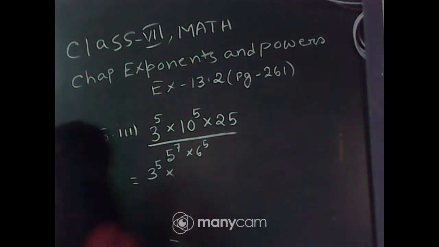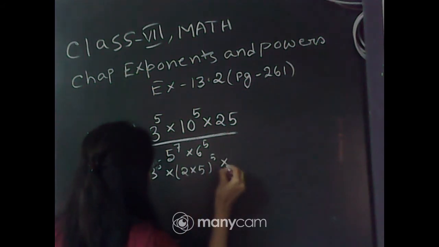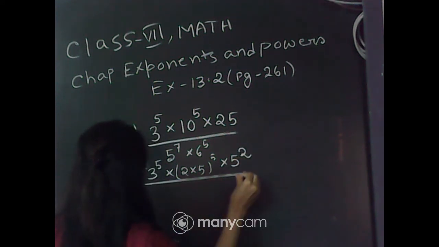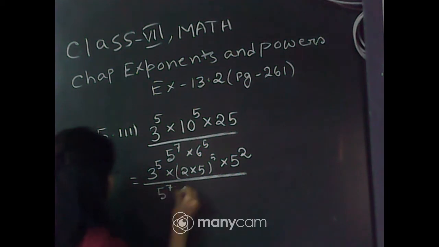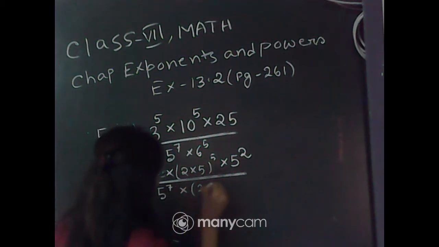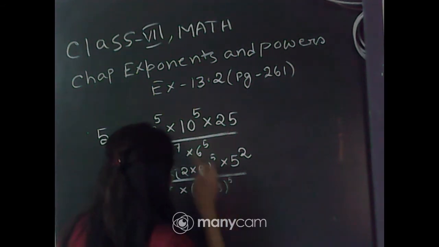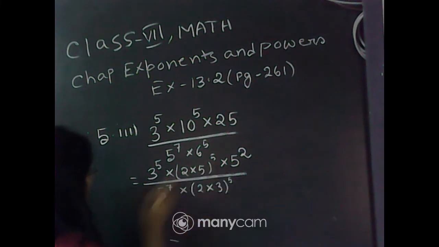Now we can write 10 as 2 into 5, isn't it? And 25 as 5 square. Also we can write 6 as 2 into 3, so 6 to the power 5 is equal to 2 into 3 whole to the power 5.